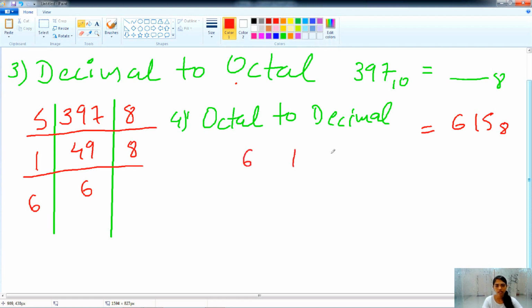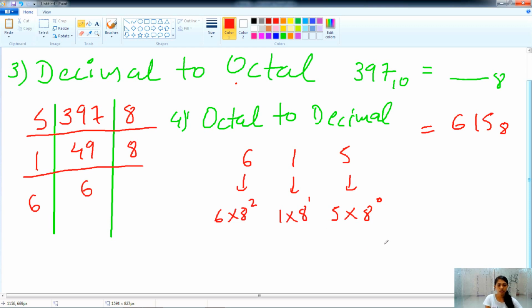That is 6, 1 and 5. It's 5 into 8 raised to 0. This one is 1 into 8 raised to 1. And this is 6 into 8 raised to 2.